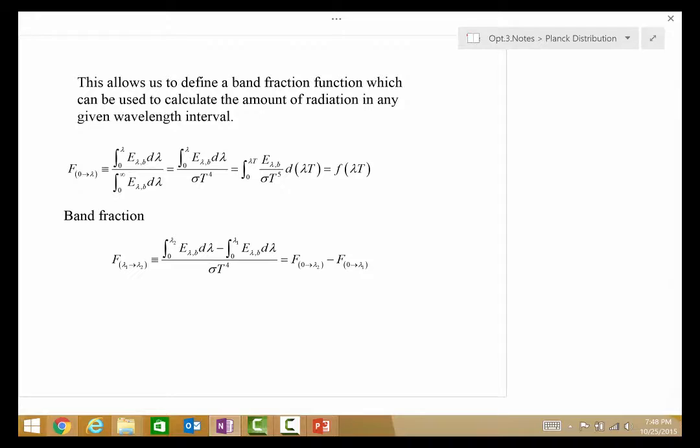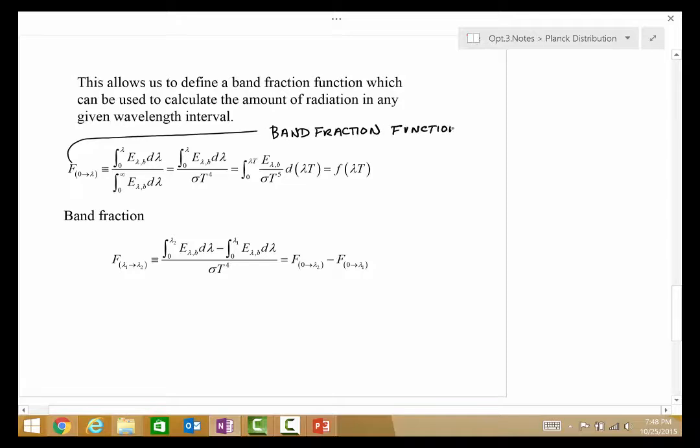And so let's think about that differently. We can think about a band fraction, which is the amount of energy emitted in a particular wavelength interval divided by the total amount of radiation that's emitted. So this is called our band fraction function. So we're integrating from 0 to lambda, E_lambda,b.